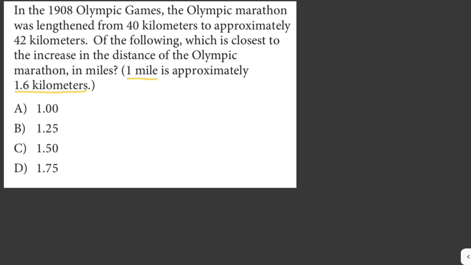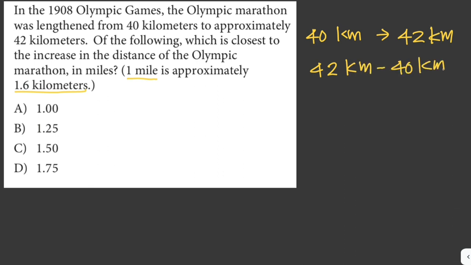So it's lengthened from 40 kilometers to 42 kilometers. So to solve for the increase in the distance, you just have to subtract 42 and 40 kilometers. So that would give us 2 kilometers. So that is the increase.